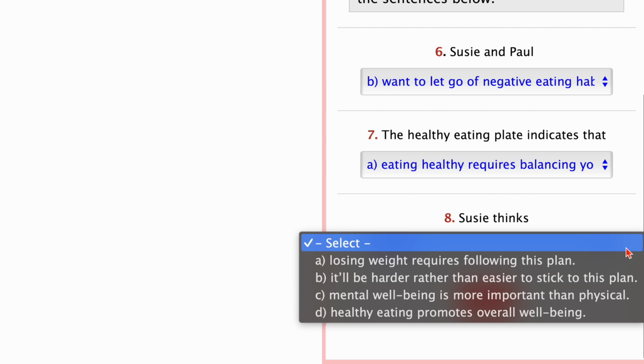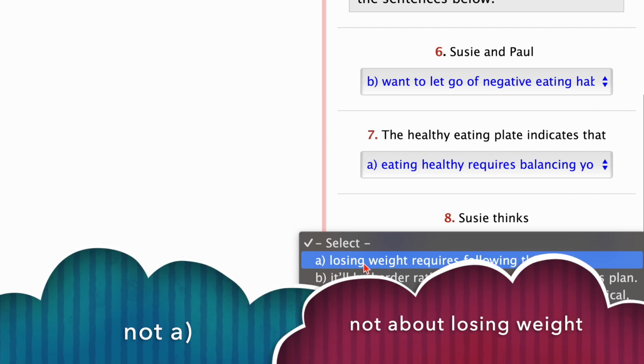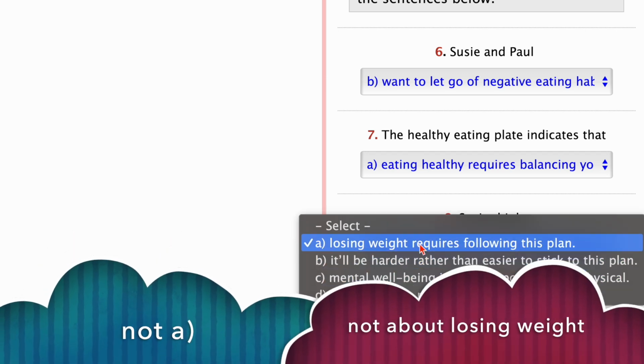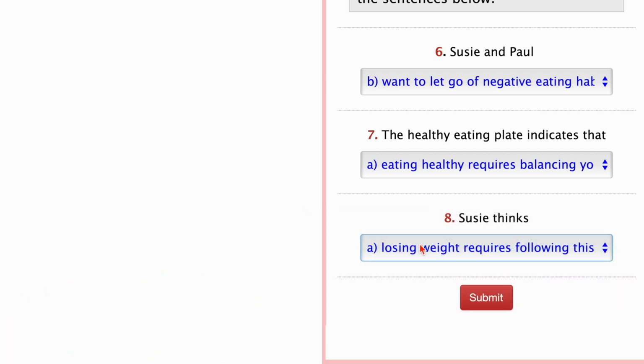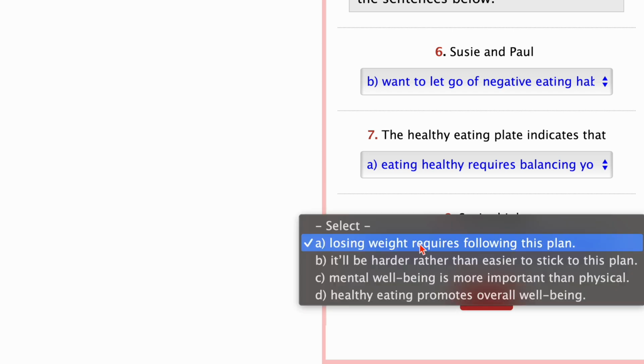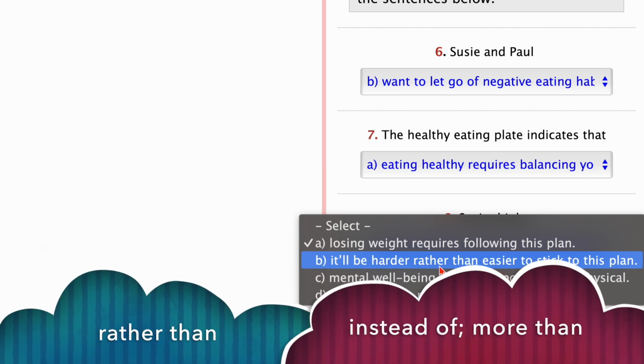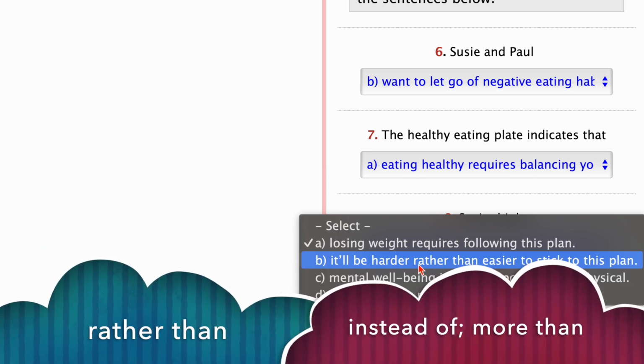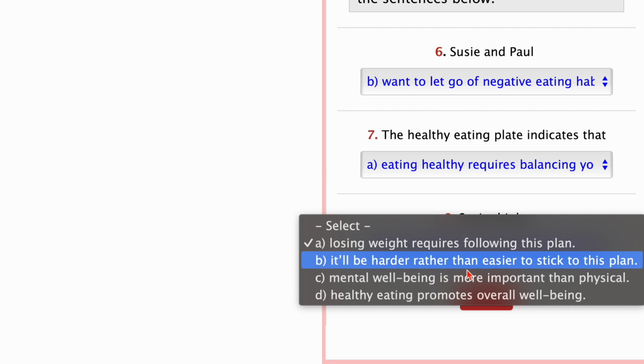So it's not A, right? Because it's not about losing weight. Again, she mentioned fit and diet, but it's about eating. So it's not A. Also, it's not B, right? Harder rather than easier, harder instead of easier.